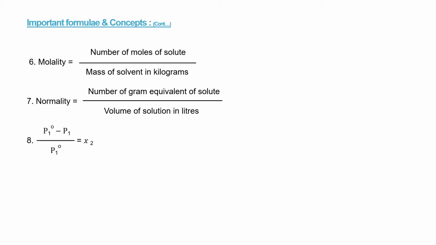Now our next concept is relative lowering of vapor pressure. In this case, (P1° minus P1) divided by P1° is equal to X2.